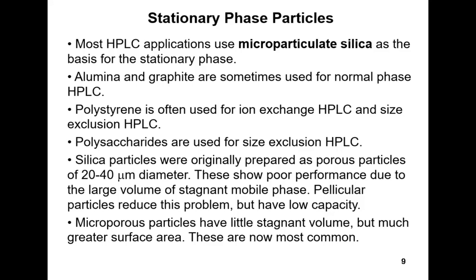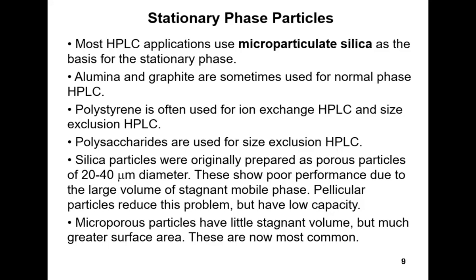Just having a quick look at some of the other types of chromatography. If you're doing ion exchange or size exclusion, polystyrene can also be used as the underlying material, because it's a relatively inert material for non-covalent binding.